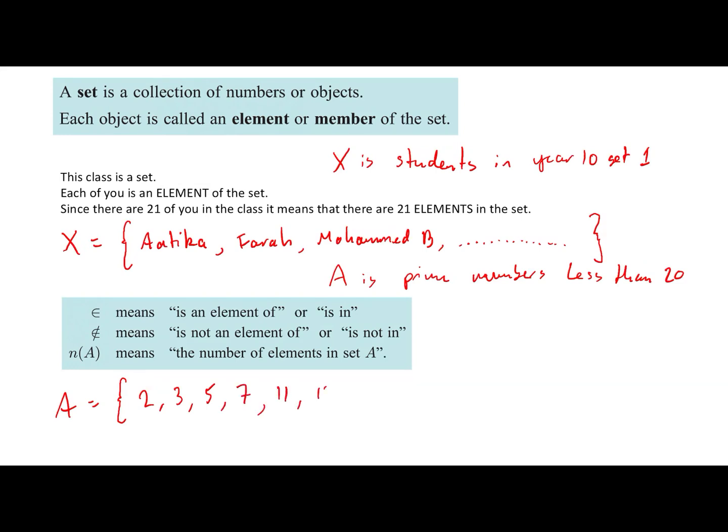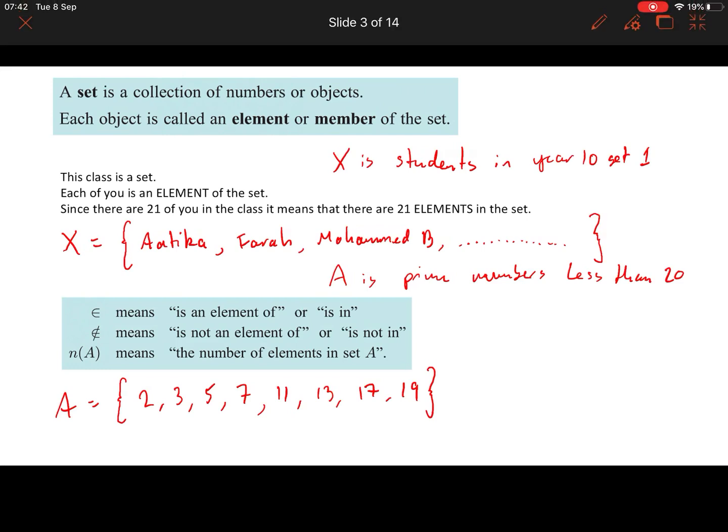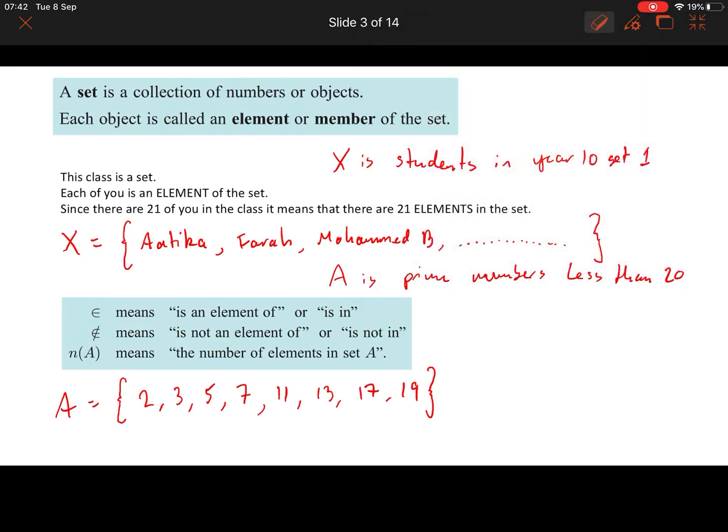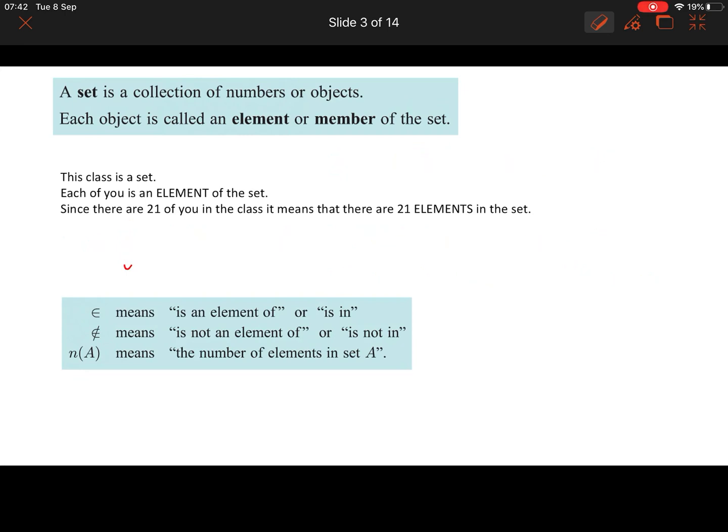So A is 2 is a prime number, 3 is a prime number, 5 is a prime number, 7 is a prime number, 11, 13, 17, and 19. Okay, so there's my set A, all the prime numbers less than 20. So that's how you write out a set.